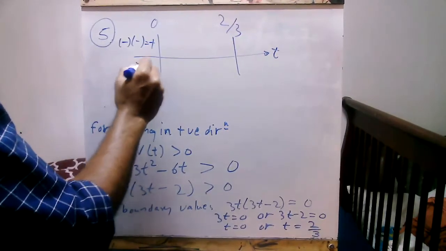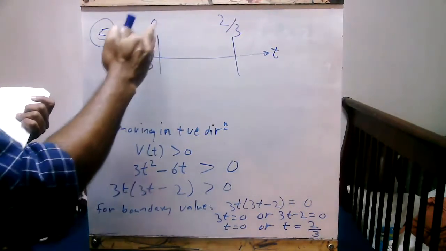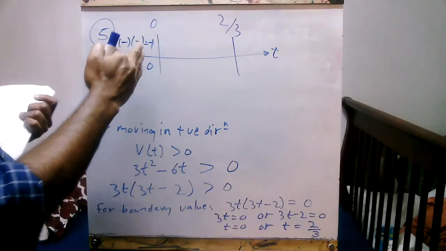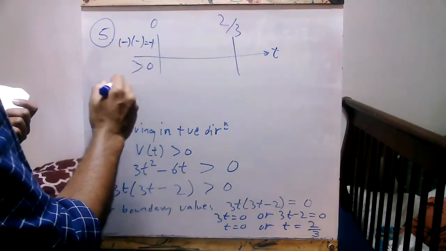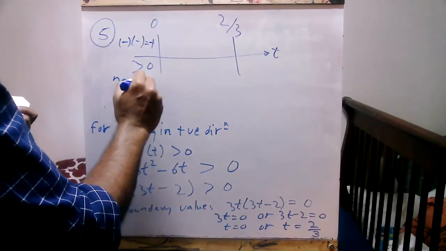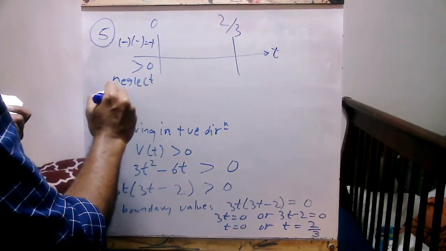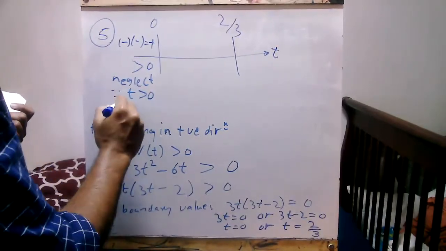That means greater than 0. We don't have to check this side because the question is given t is greater than 0. So neglect it, because t greater than 0 is given.